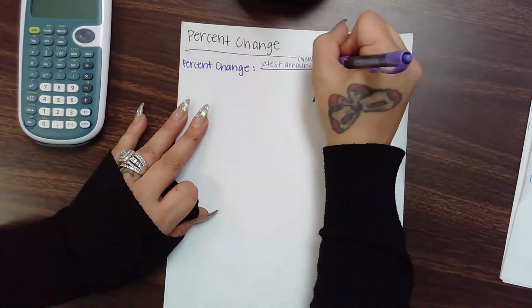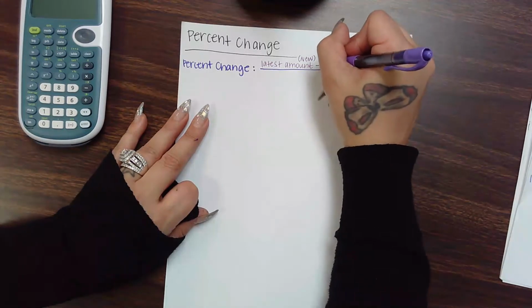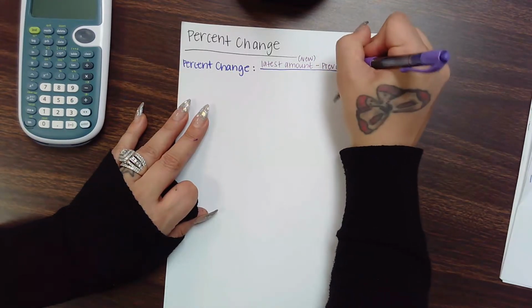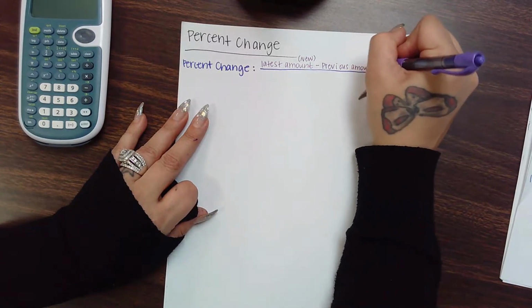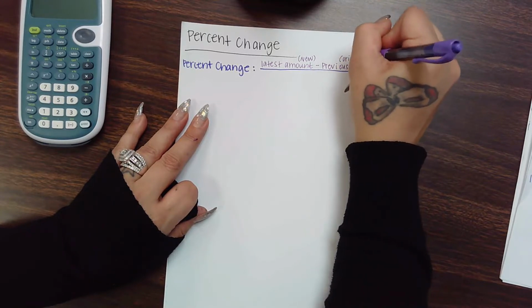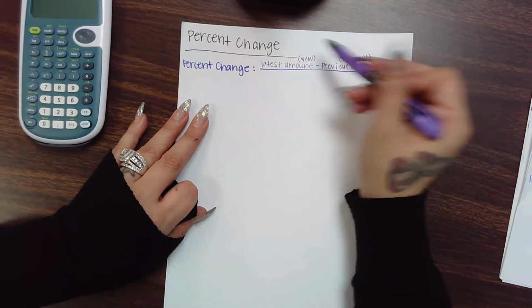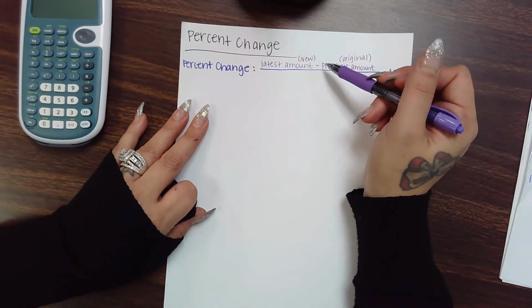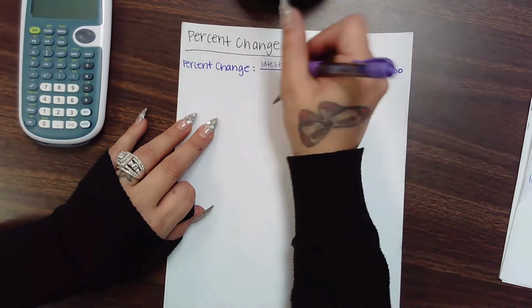And we subtract from that the previous amount, and in parentheses above that I'm going to write original. And then after we do this subtraction in our numerator, in our denominator we divide by the previous amount.